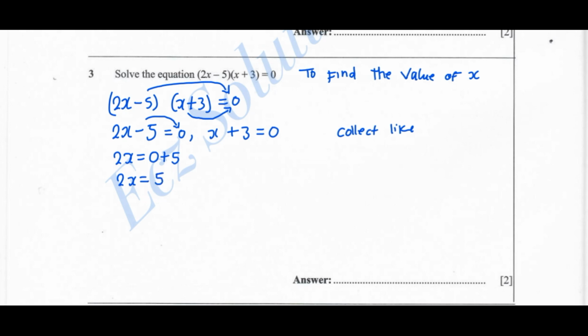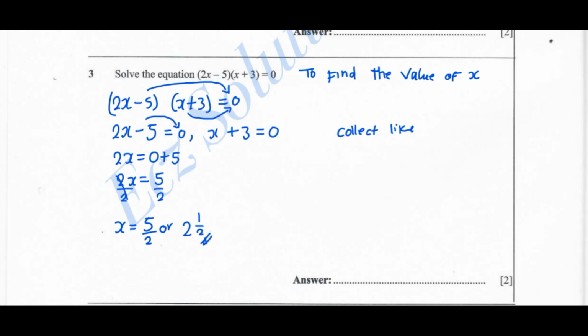Now to get rid of 2, we divide by 2, also here by 2. So our final answer is just 5 over 2, or if you want, we can convert this into a mixed fraction. 2 into 5 will give us 2, remainder 1, so 2 and 1 over 2.